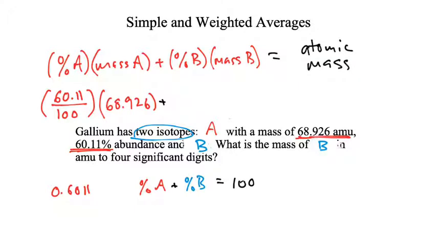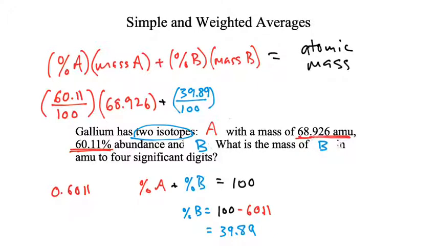I therefore know that the percent of B is going to be 100 minus the 60.11. 39.89. That was a percent, so 39.89 per 100.